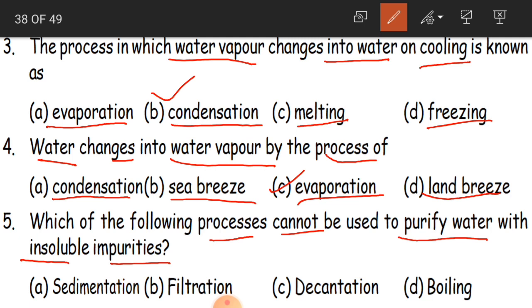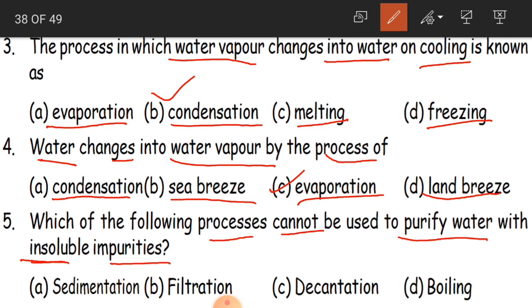Now the fifth question, which of the following processes cannot be used to purify water with insoluble impurities? We have already learned that there are some methods to purify water. Here we have to purify water with insoluble impurities, which are not going to dissolve in the water.